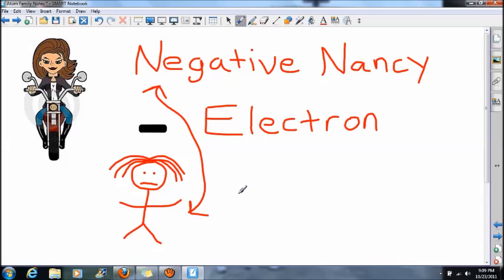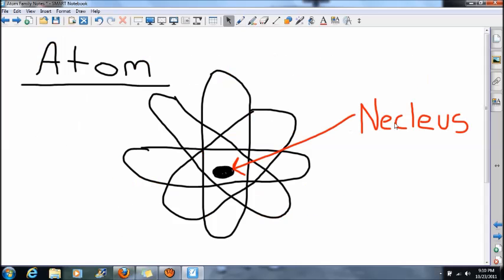And remember, the sign for the electron is a negative sign, like a subtraction sign. Circle around the negative sign for an electron. Remember, this symbol right here represents electron. So let's go back here, and we want to add, inside the nucleus, you can find protons. Remember, they're positive.